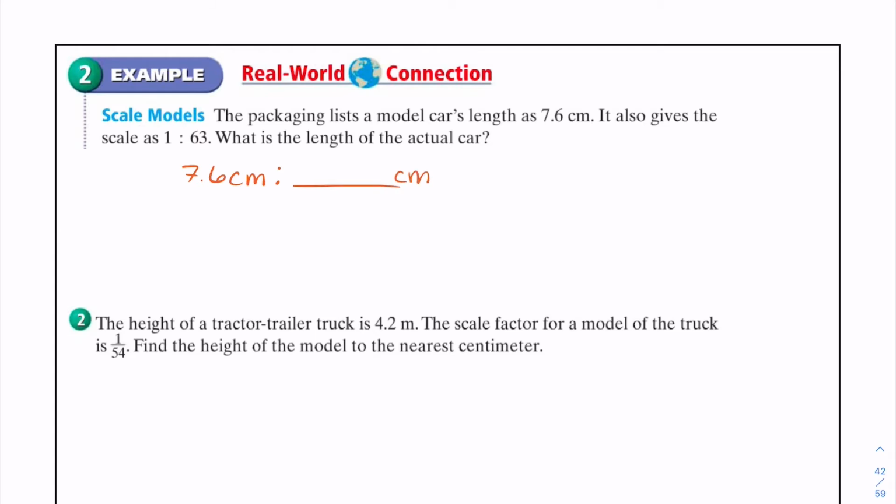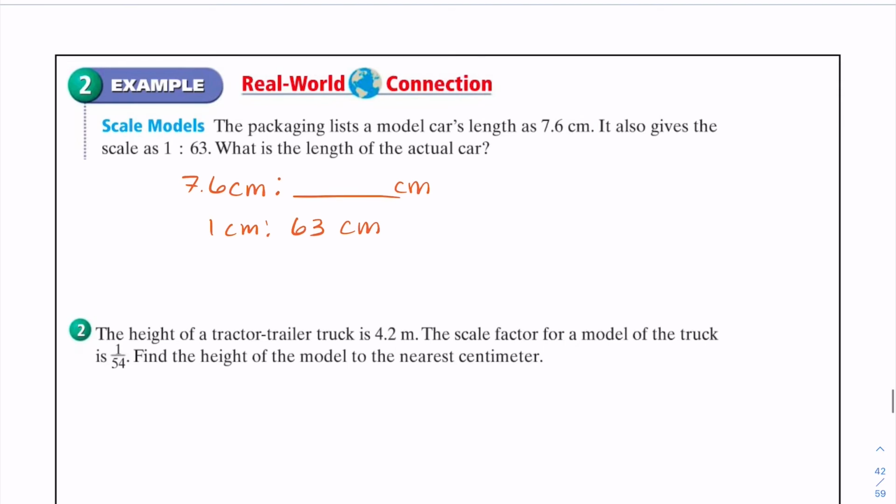And we're also talking about 1 centimeter to 63 centimeters, right? So what I need to do is find out how many centimeters. In actuality, I would be multiplying this by 7.6, so I need to do the same to find that.